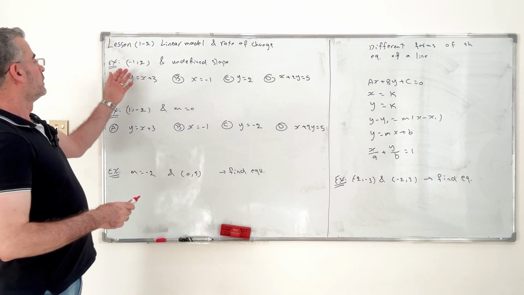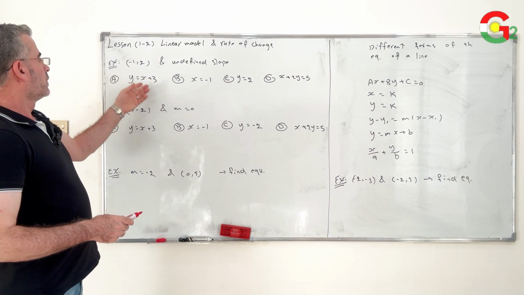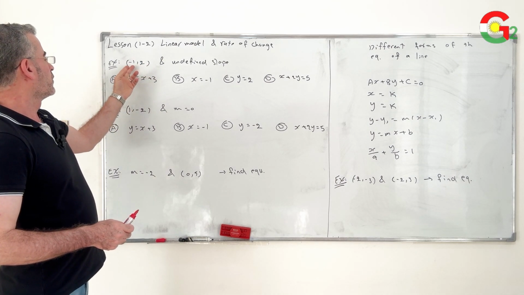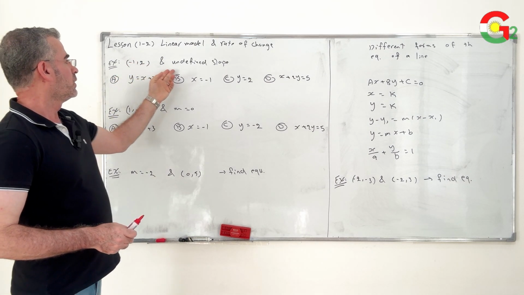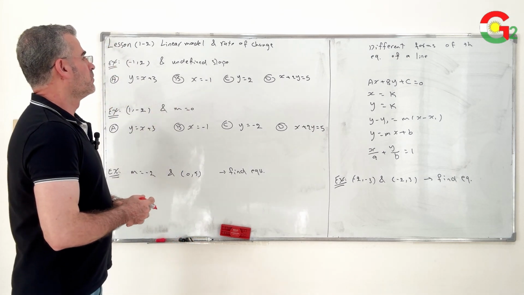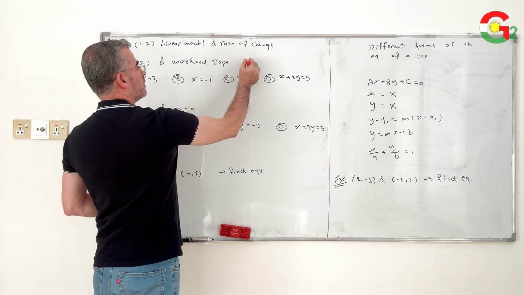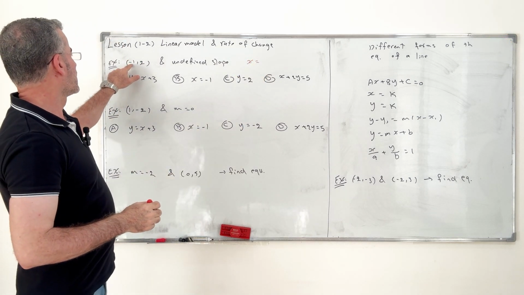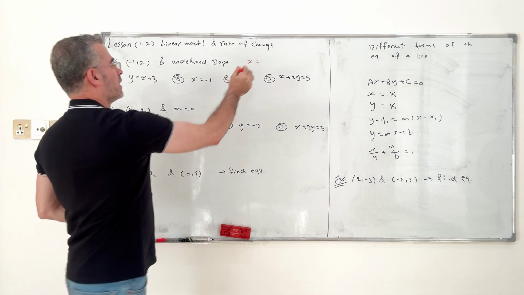Example. Find which one is the equation of the line passing through the point (-1, 2) and has undefined slope. Undefined slope means the equation of this line is x equals a number. What number? It's the x coordinate here.